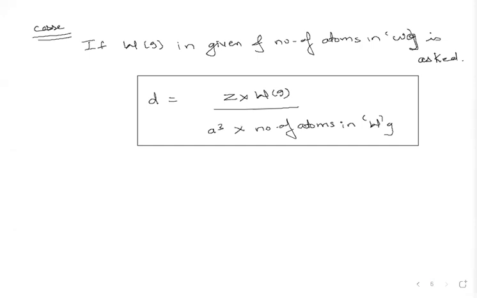Okay. So question on the density. So the question is, the density of iridium is 22.4 gram per cm cube.